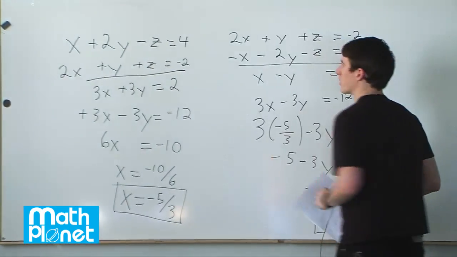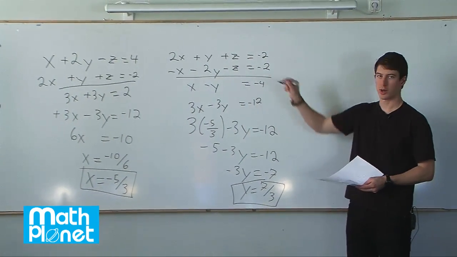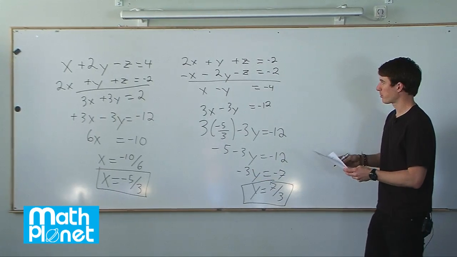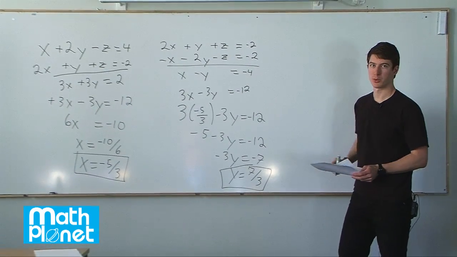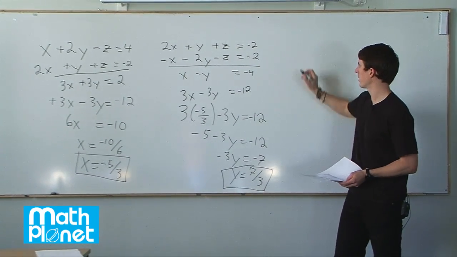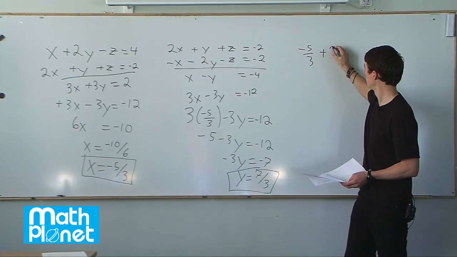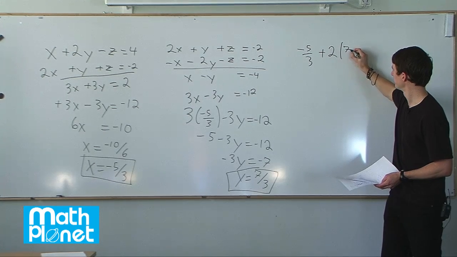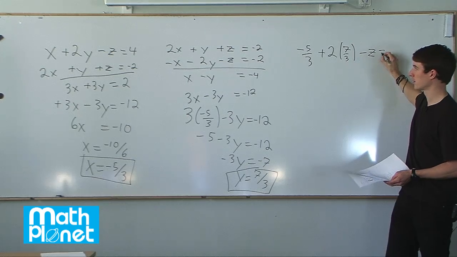So what do we need to solve for? Z. We have one variable left. So to do that, we can take any of the 3 equations, plug in what we have for x and y, and we're done. So let's plug it into this first equation. x plus 2y minus z equals 4. So plugging in x, we have negative 5/3. Plugging in y, we have positive 7/3 minus z, that's what we're solving for, equals 4.